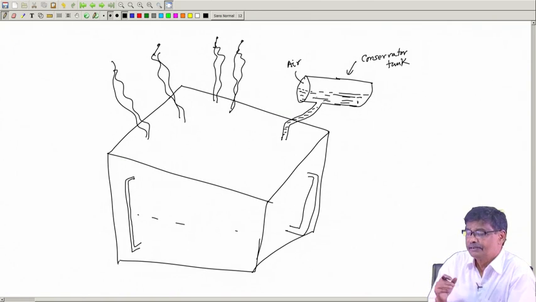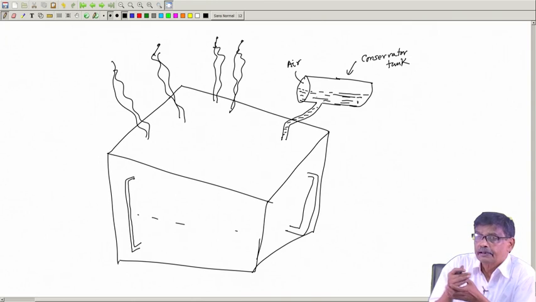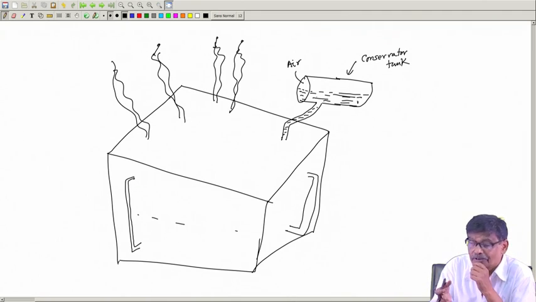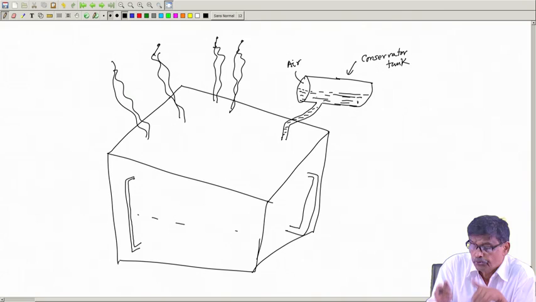Now, what happens is this oil has a very good dielectric property also, maybe 27-28 kV per centimeter or millimeter, I have forgotten, you just see the books, the dielectric strength. So, it will provide very good insulation between the coils and the tank.